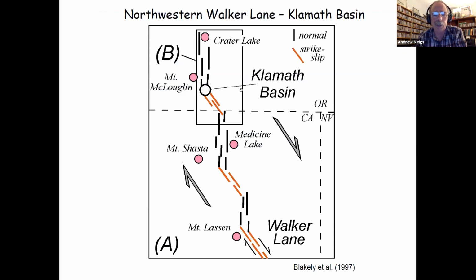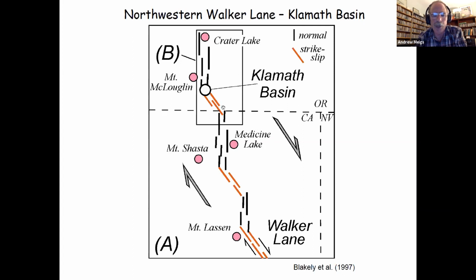So this is clearly a place where there is considerable normal faulting, but it's not the only style of faulting, because the Klamath Basin lies at the northern end of a region of distributed right lateral shear. Right lateral shear is indicated here by these arrows in this figure from Rick Blakely's work, where the right-hand side is moving southeast and the left-hand side, or the west side, is moving northwest.